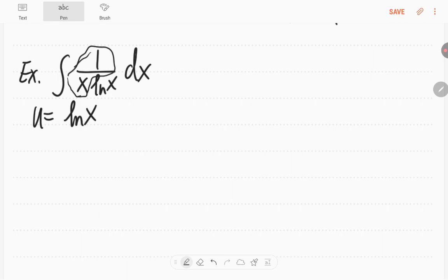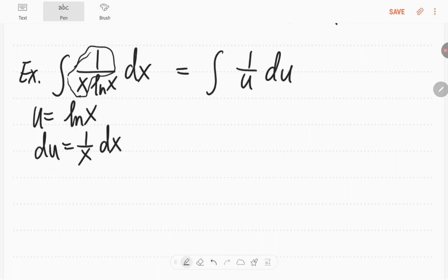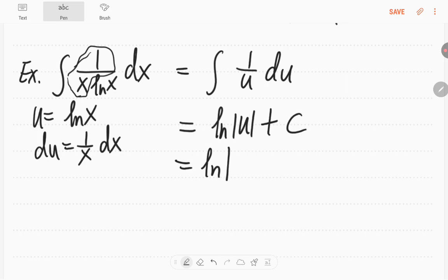So it's reasonable to let u be the natural log of x, so du equals 1 over x dx. So it would be the integral of 1 over u du. This is equal to the natural log of the absolute value of u plus c, where u is the natural log of x, so the answer is the natural log of the absolute value of the natural log of x plus constant c.